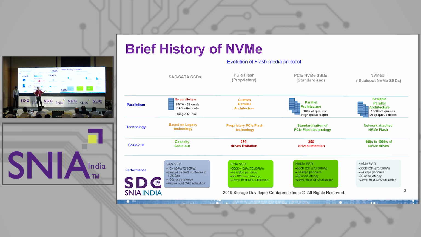Earlier we used to have PATA drives, which are famous drives that you would also know. PATA had some disadvantages and restrictions. Then came SATA. Then again, to improve on that, came SAS.